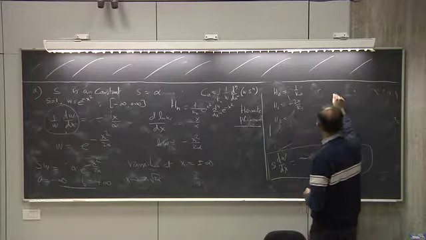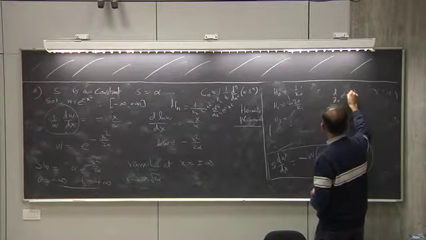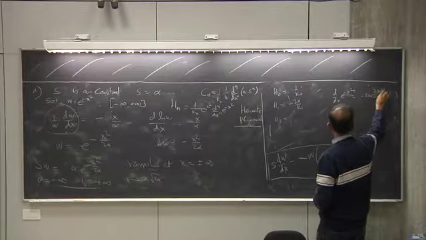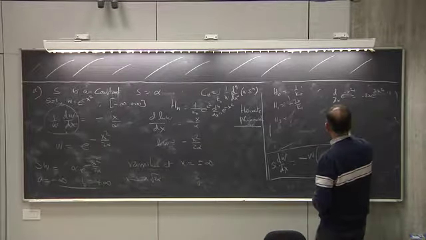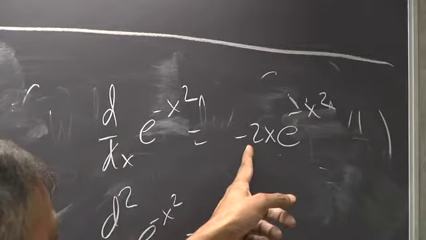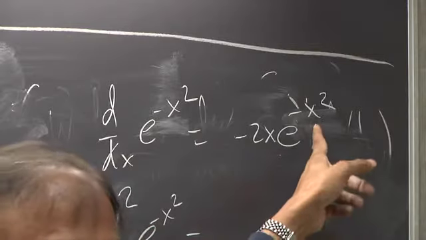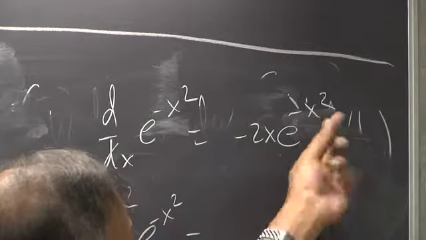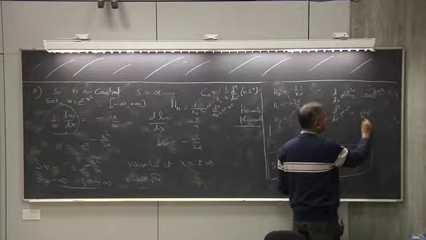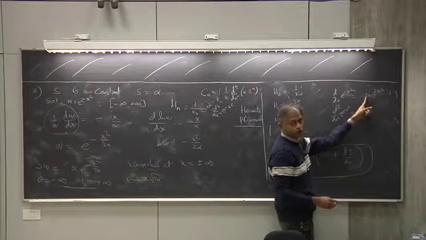I mean, d by dx of e to the minus x square is minus 2x e to the minus x square. Now d2 by dx2 of e to the minus x square, you take one more derivative there, so there are two possibilities. The derivative can hit here or there, right? When it hits here, it will give you again minus 2x, so that gives you 4x squared. And when it hits here, you just get minus 2.